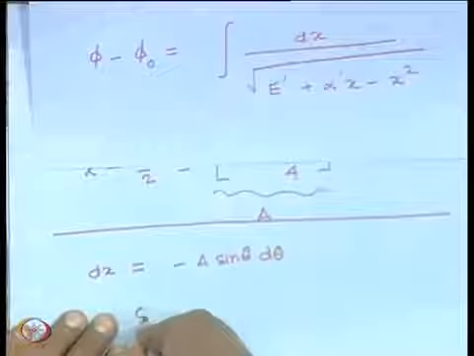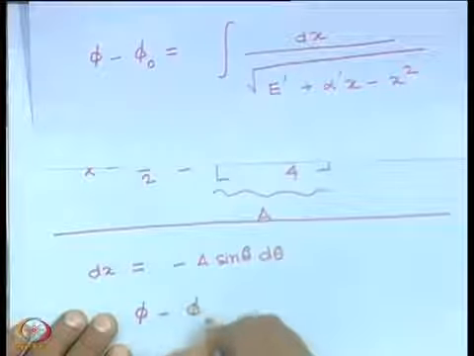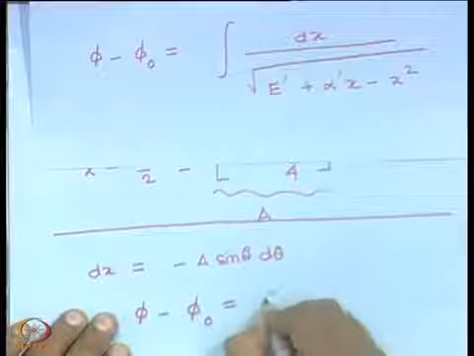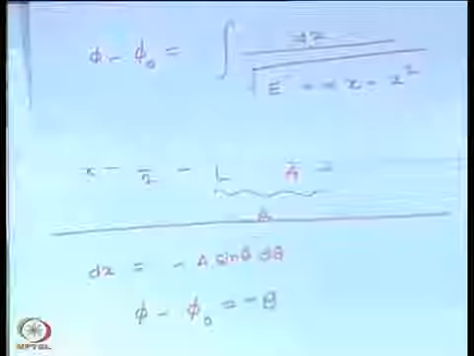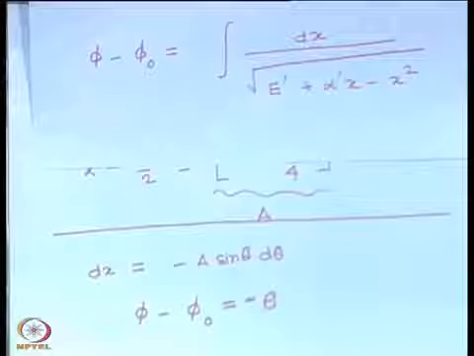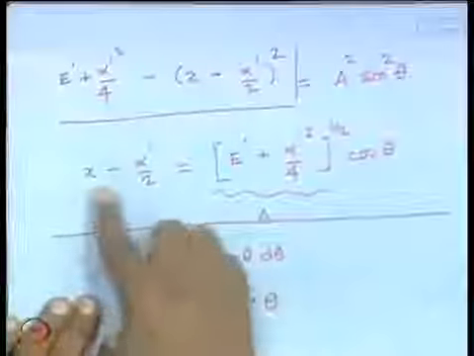So, A sin theta will cancel out, and what we are left with is phi minus phi naught is equal to minus theta. That is all. The integration is done.